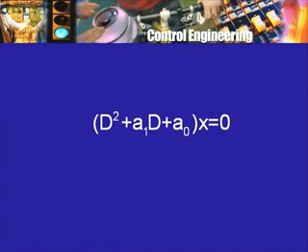Now instead of writing the three separate terms, I have written them in the form with which I started, namely (D square plus a1 D plus a0) in brackets acting on x equal to 0. And now we look upon this D square plus a1 D plus a0 as a more complex operator.